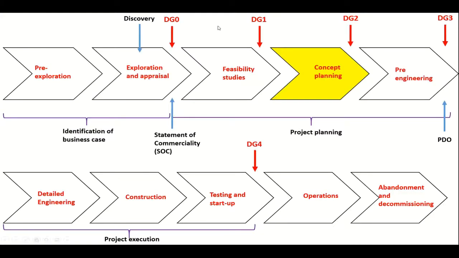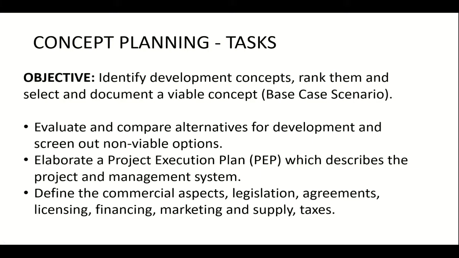Then comes after that, we have a decision gate called DG1, where we decide again to repeat the phase, to redo the phase. We decide to do some more things or to continue or to abandon. And in concept planning, I have to go deeper into these feasible ideas that I came up with in the previous step in feasibility studies.